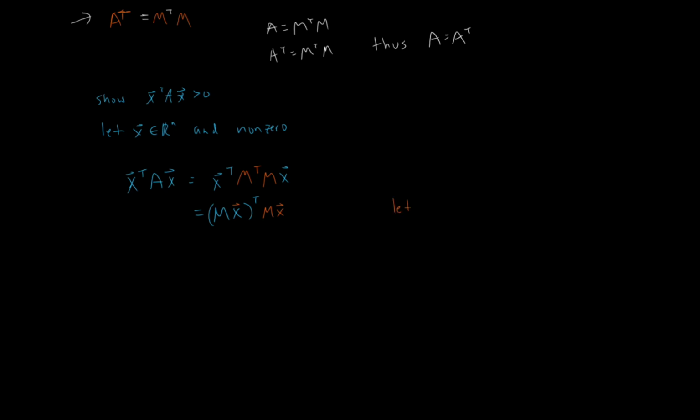Let MX equal Y. So now we have Y transpose, where Y is a vector as well, times Y.